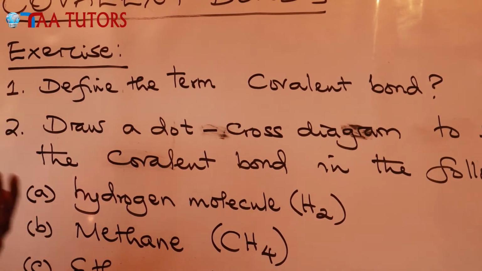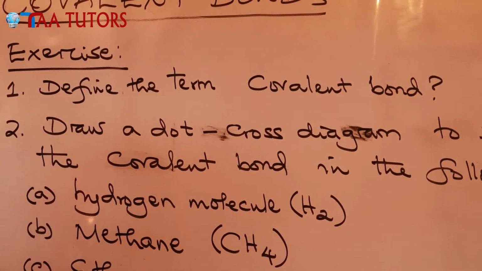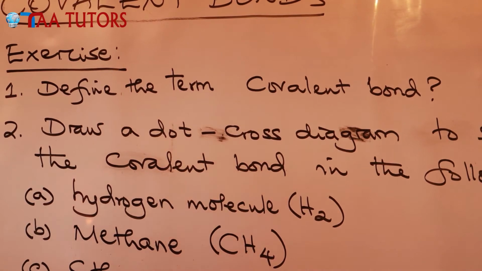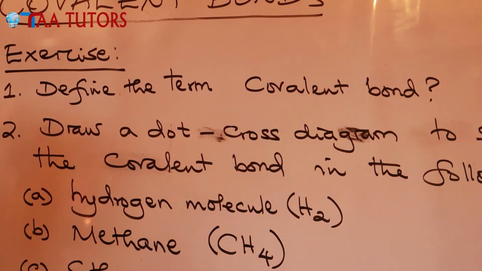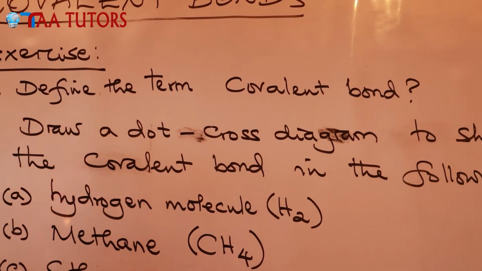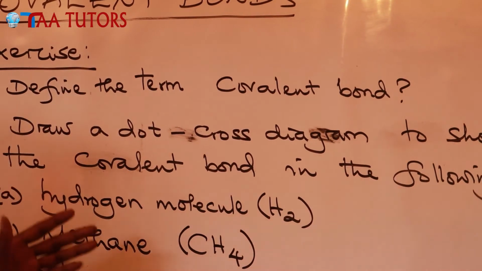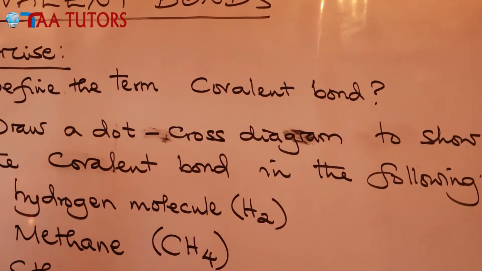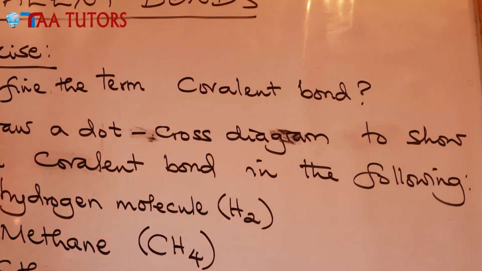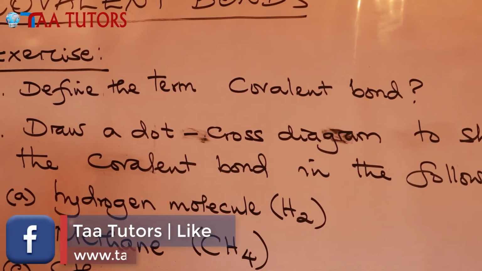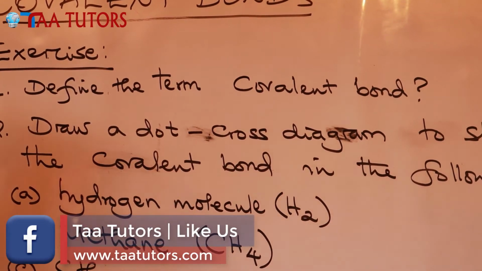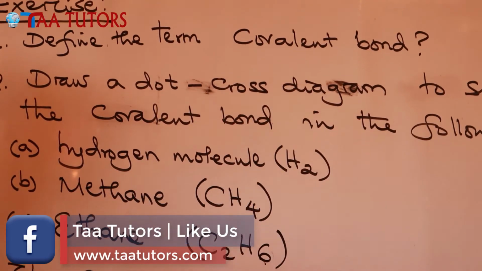If you know how to explain the term covalent bond, then you are halfway to understanding the concept. The second question: draw a dot cross diagram to show the covalent bond in the following. Number 1 is hydrogen molecule. Number 2 is methane. Number 3 is ethane.